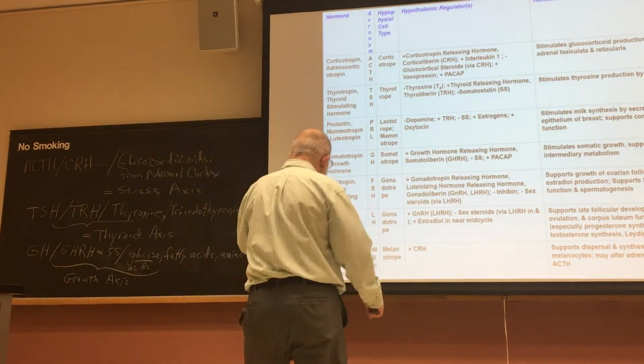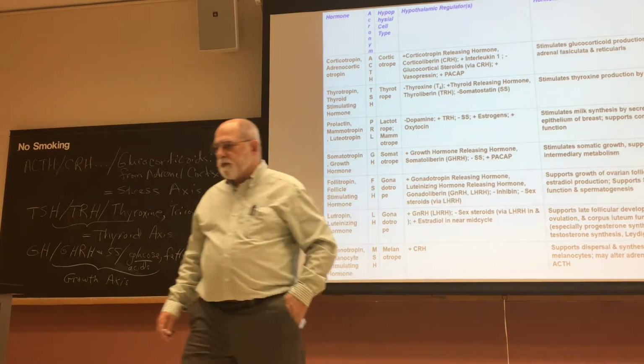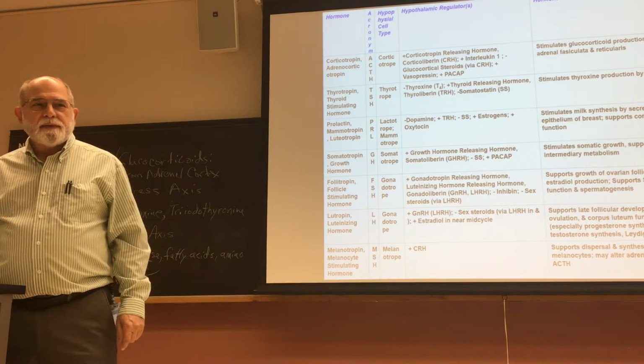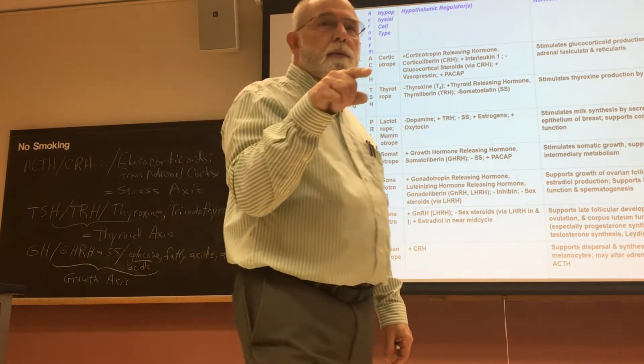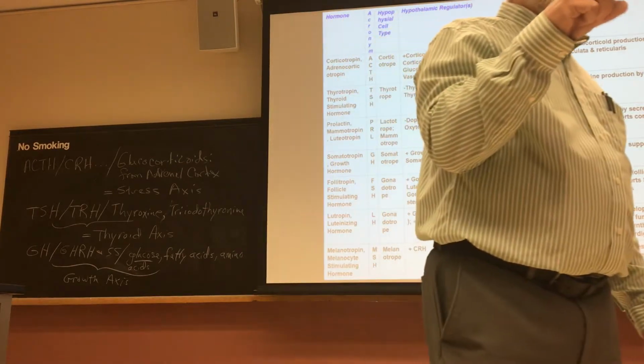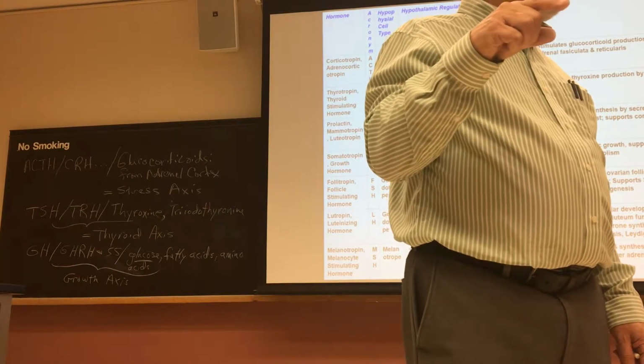So, not unimportant, but where are the melanotropes? Does anybody remember? They're in the intermediate lobe. Okay. The intermediate lobe of the pituitary lies where?